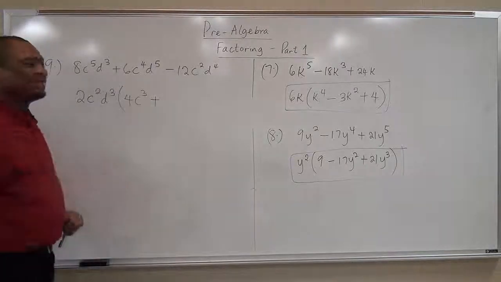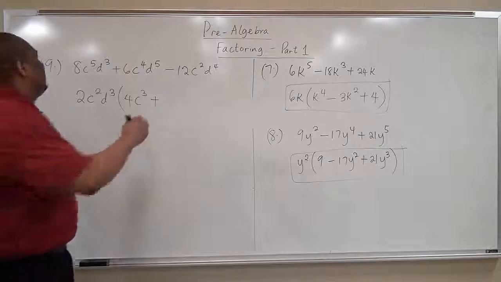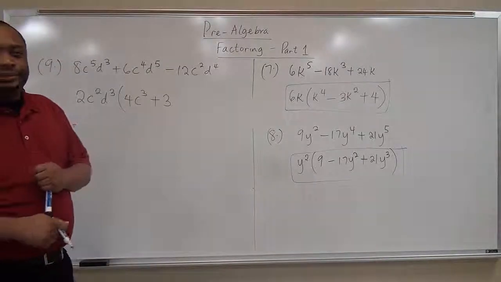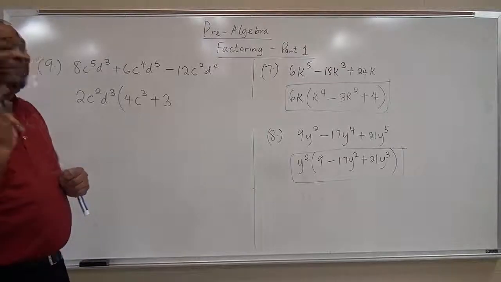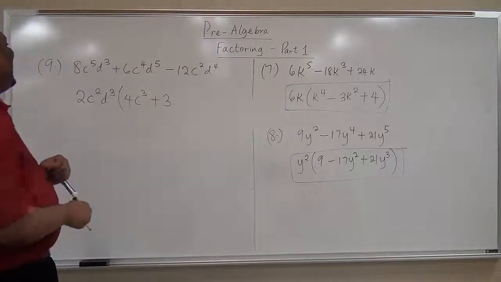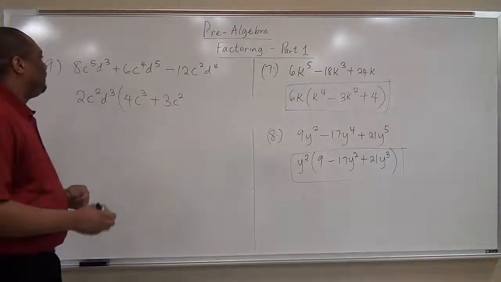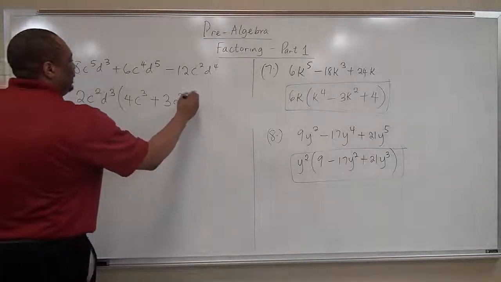This plus stays as plus. 6 divided by 2 is 3. c⁴ divided by c squared is c squared. d⁵ divided by d cubed is d squared.